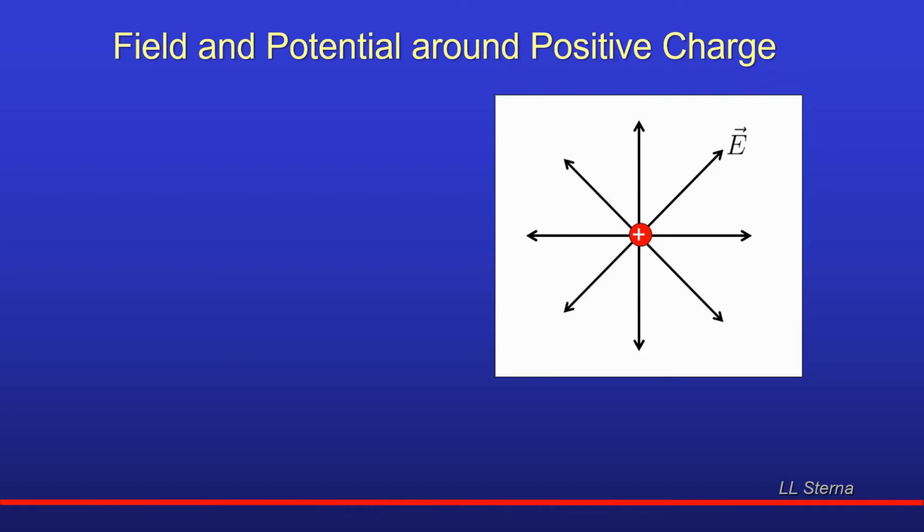Since the field points outward in every direction, there must be a changing potential in every direction around this charge. And also, since the field points outward, the potential should be decreasing as you move away from the positive charge.